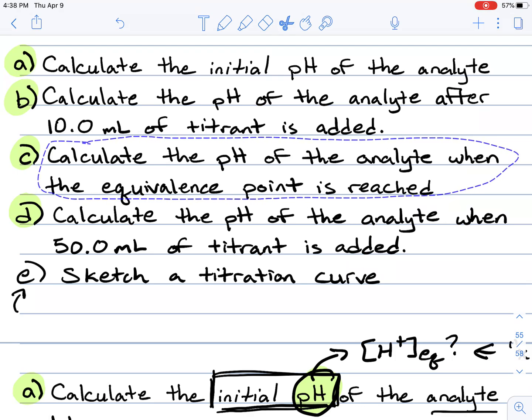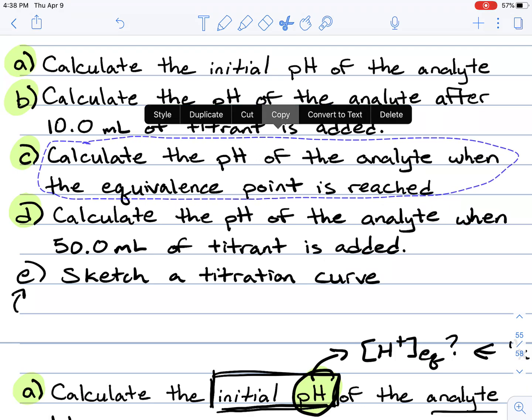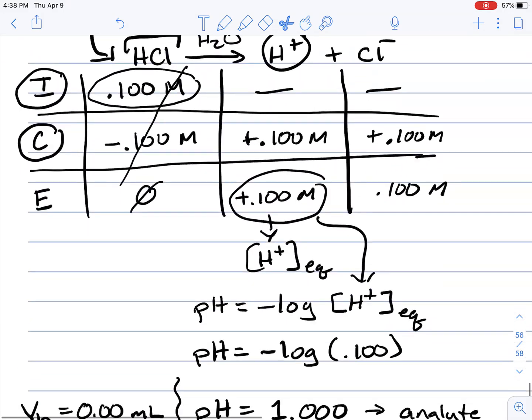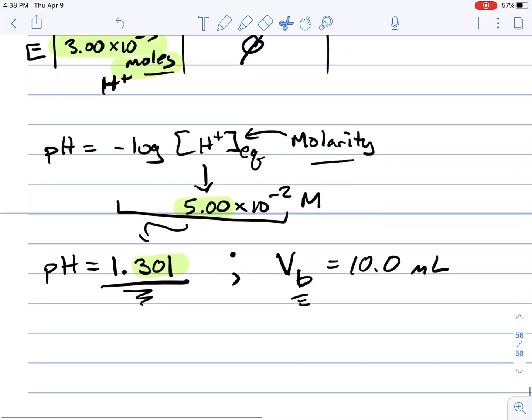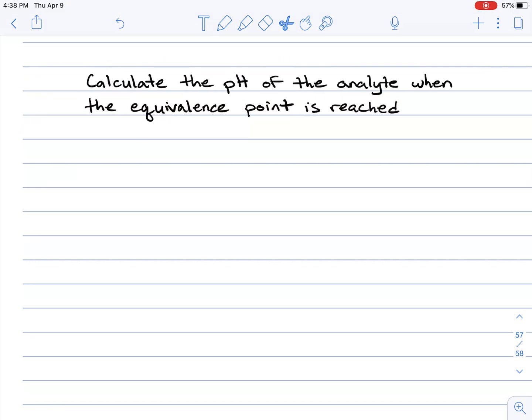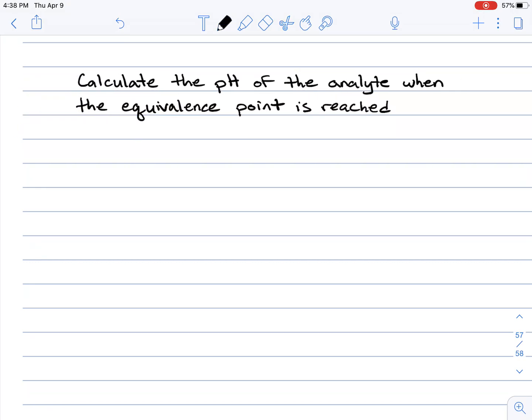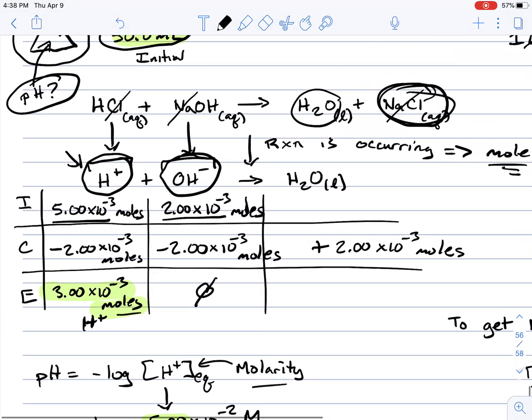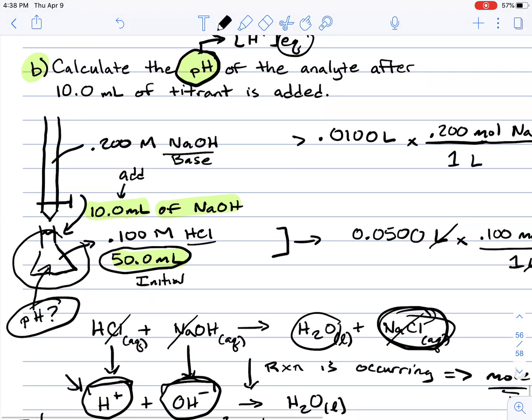And so I'm going to go ahead and just copy the next problem that we're going to be working with. So the next part to the problem. And I'm also going to copy our picture.